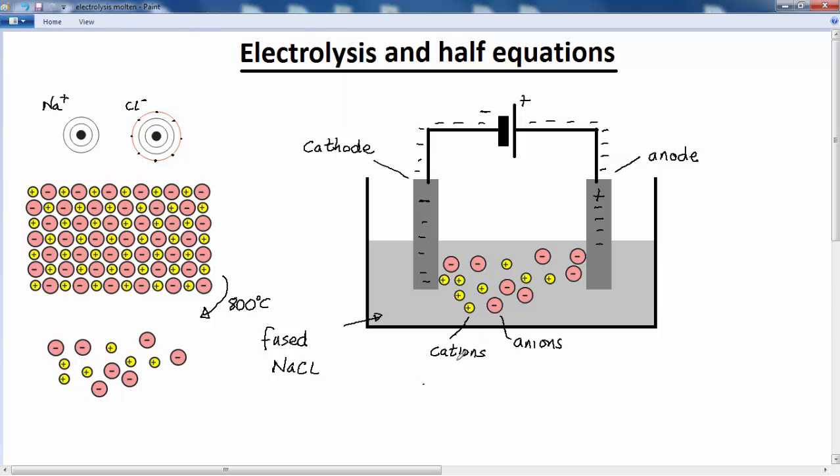These equations are called half equations. So first of all, at the anode, we have the chlorine ion with a negative charge. It gives up its electron and becomes a chlorine atom again, and donates its electron to the electric circuit.